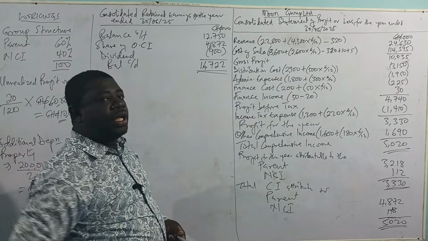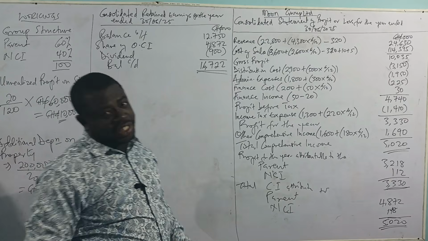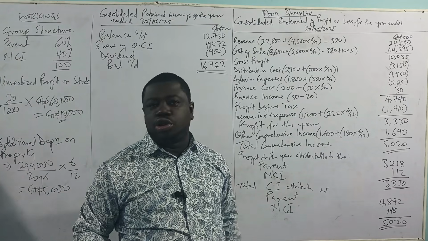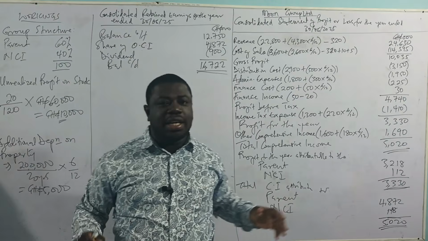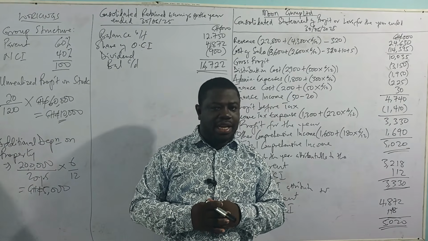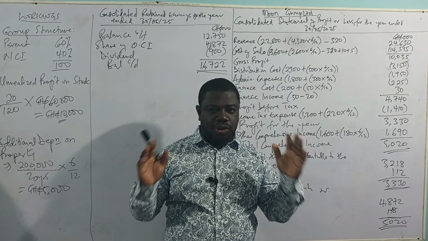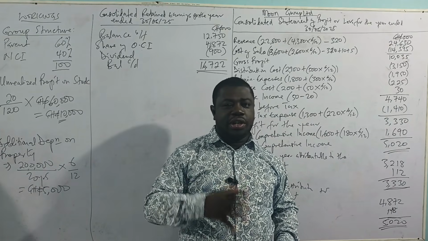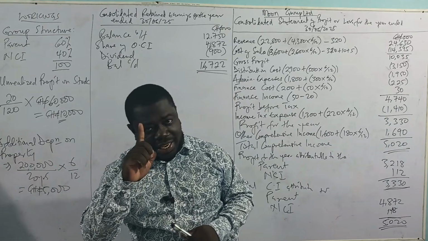Okay, but that may not be so necessary right now. What is most important is that we have been able to solve this, and I'm sure our understanding has really been enhanced. Okay, so this is it, and this will bring us to the end of our lesson on consolidated statement of profit or loss standing alone.